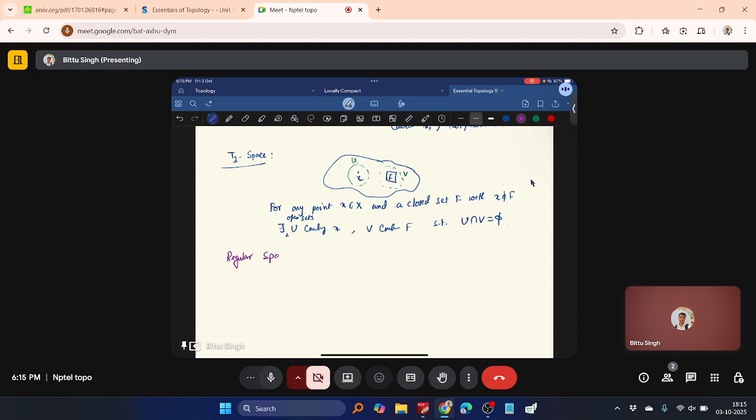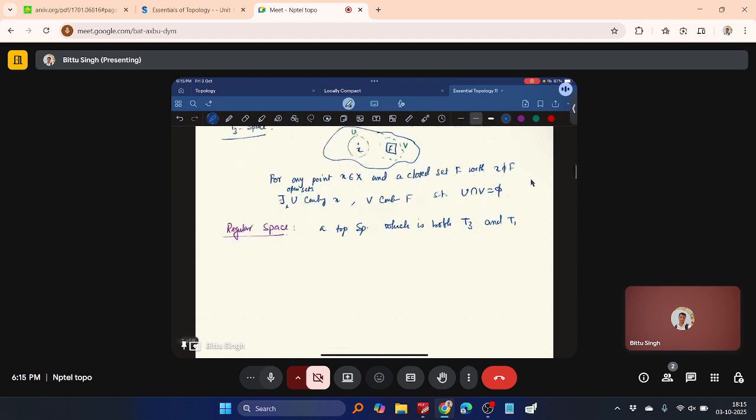Regular space means a topological space which is both T3 and T1. Then this kind of space is called regular space.